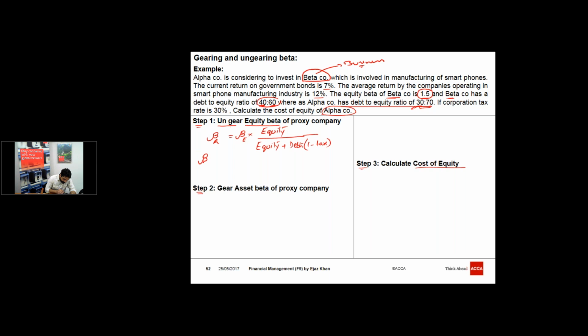Whereas beta A is actually asset beta, or we can call it ungeared beta. Remember, this ungeared beta reflects only business risk.